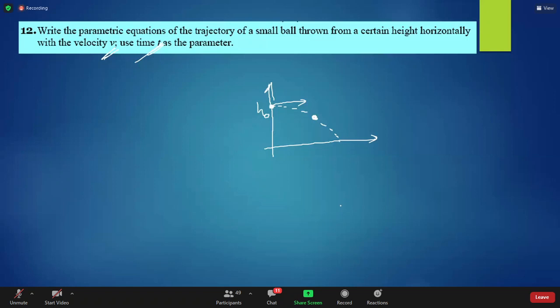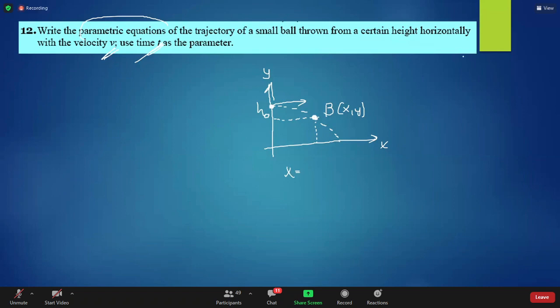So we have, let's say, coordinates x, y, but we need the parametric equations. So let's suppose that after a time t, that ball has coordinates x, y, and let's try to figure out what these coordinates are. So the x coordinate, we are of course assuming that the air resistance is negligible, that air is not slowing it down.